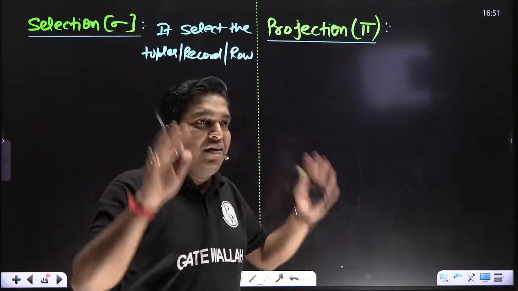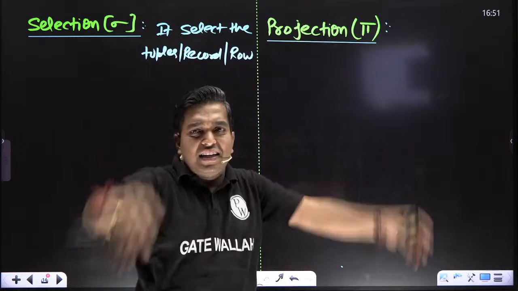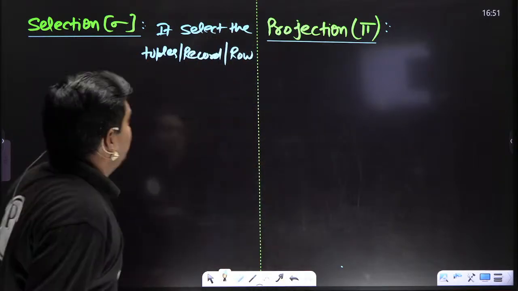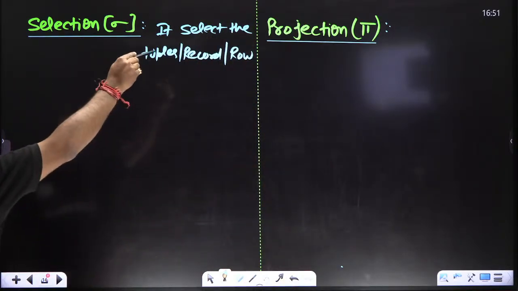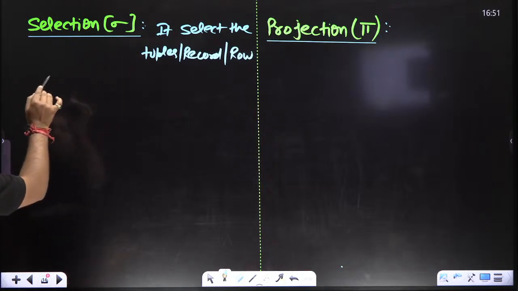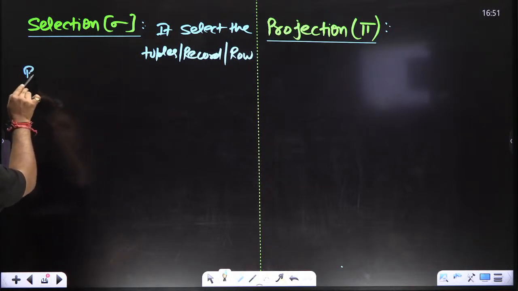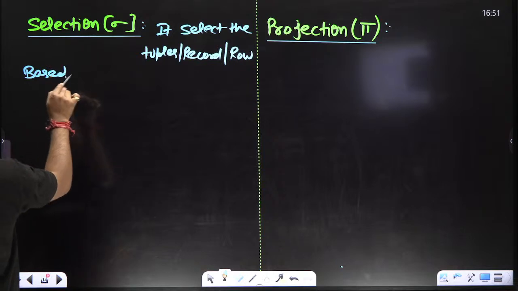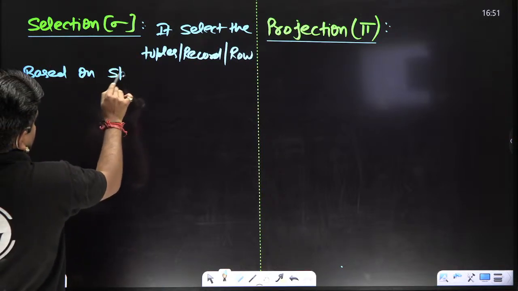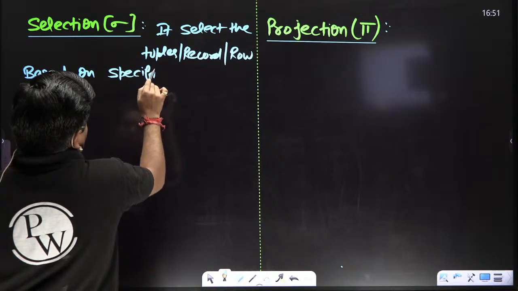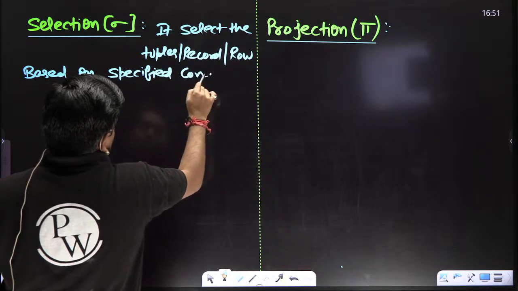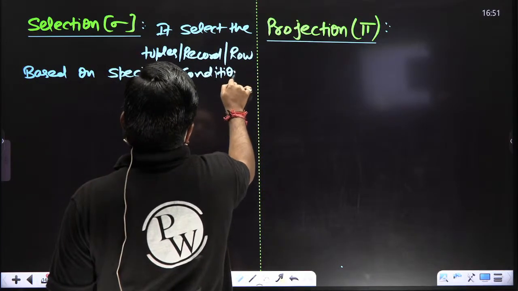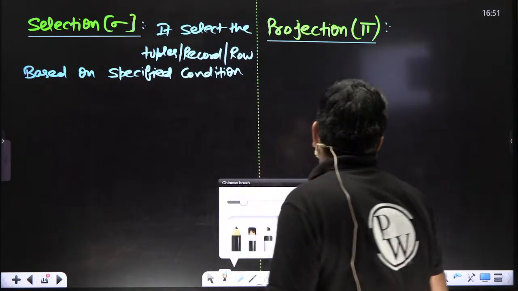Okay, happy? Write it down once, crystal clear. Why do you fear, child? It selects the tuple or record or row based on a specified condition. I will explain from the childhood, from the basic. Don't fear.